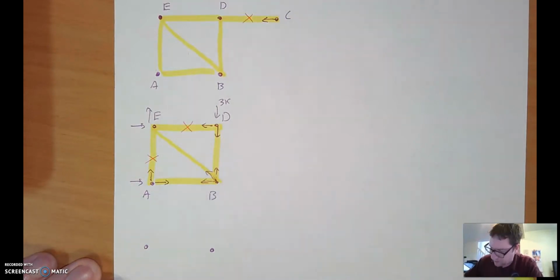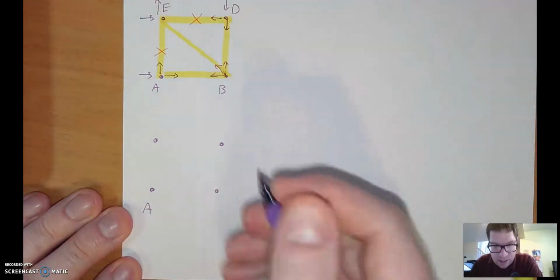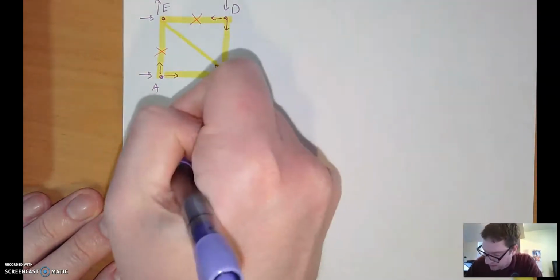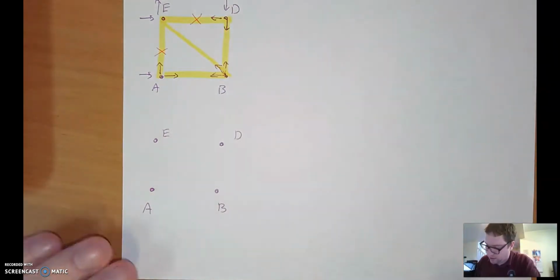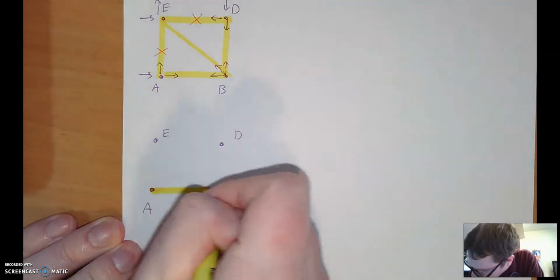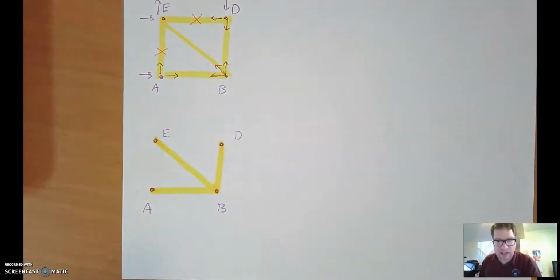And B. All right. Almost there. A, B, D, and E. All right. So we've established that this one and this one are gone. So all that's left is this, this, and this. So it's kind of like an arrow pointing down.